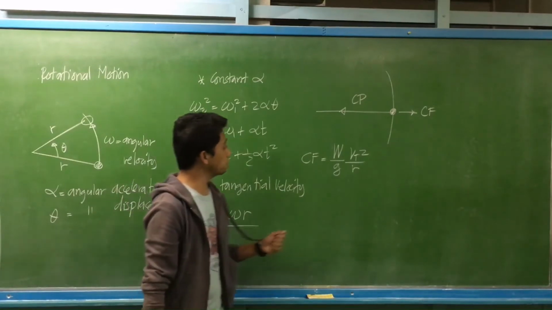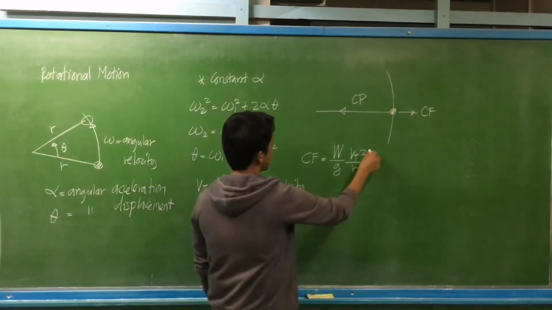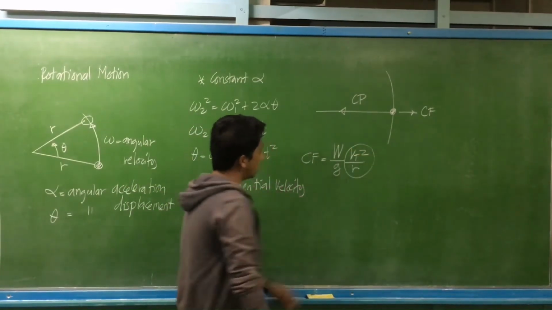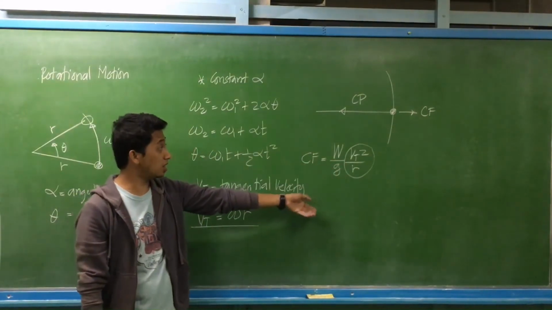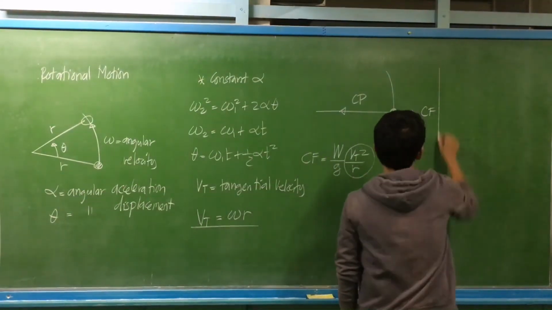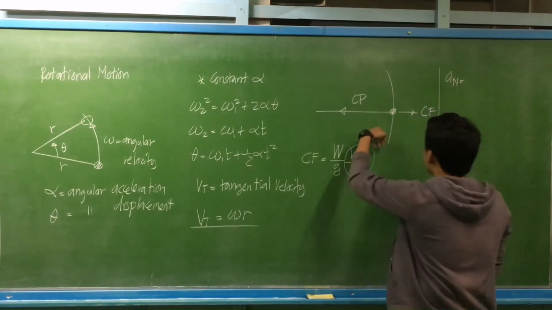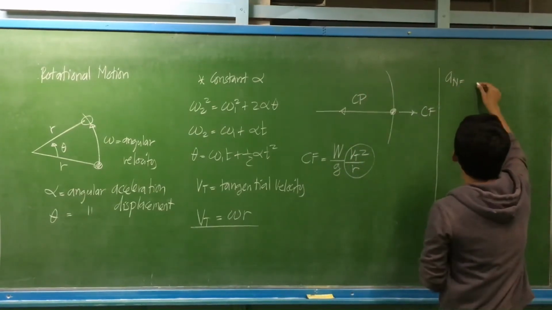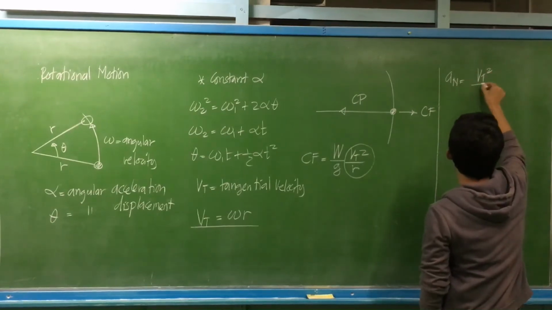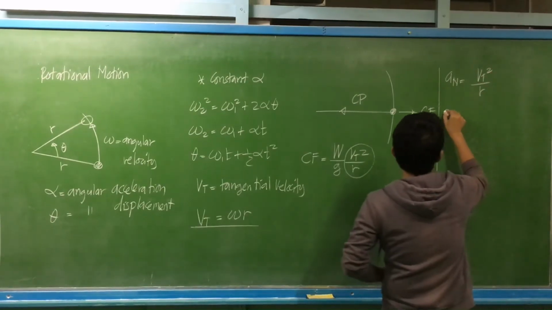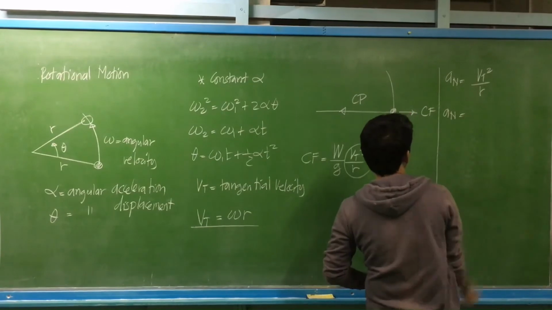How do we compute the equivalent of this term? We have the tangential velocity squared over the radius. That is the same as the normal acceleration of the body moving along a curved path, equal to the tangential velocity squared divided by the radius. So this is the same as normal acceleration.